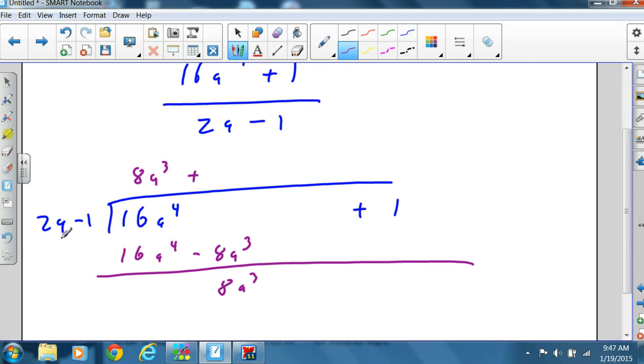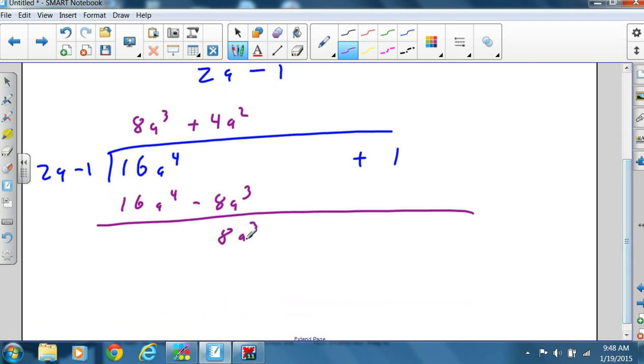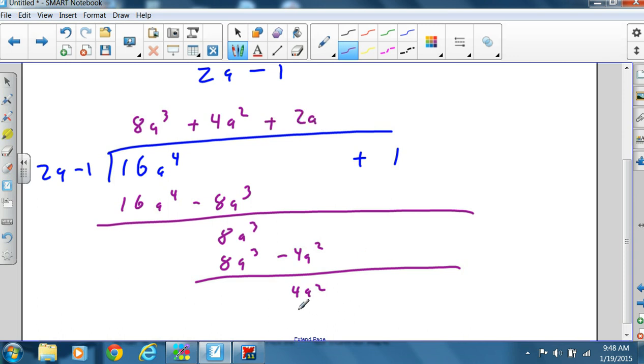Okay, and 2a goes into 8a cubed 4a squared times. And I multiply out, I get 8a cubed minus 4a squared. I subtract, and I get 4a squared. 2a goes into there 2a times: 4a squared minus 2a.